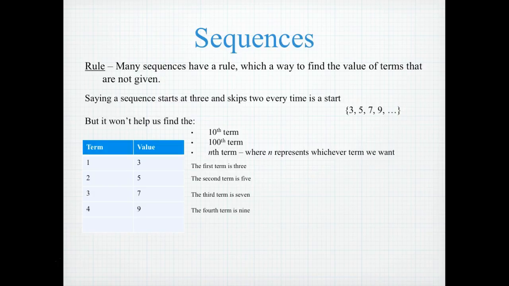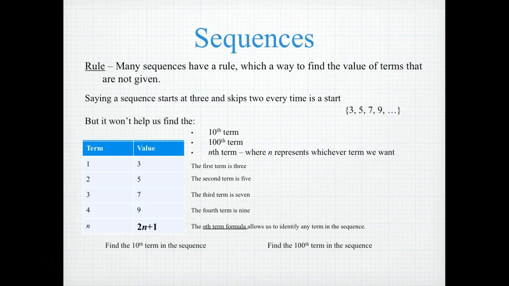So using this information, we can produce the nth term formula. And the nth term formula allows us to find any term in the sequence. In this case, if we represent the term number as n, then its corresponding value would give us 2n plus 1. So that 2n plus 1 is considered the nth term formula.